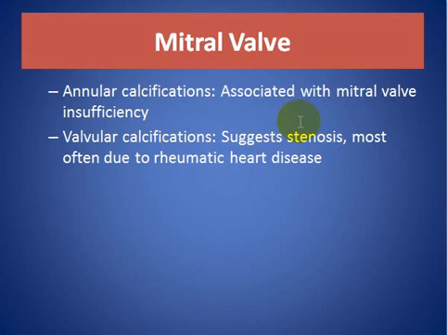Mitral valve calcification: we call it annular calcification, associated with mitral valve insufficiency. Valvular calcification suggests stenosis, most often due to rheumatic heart disease in early life.